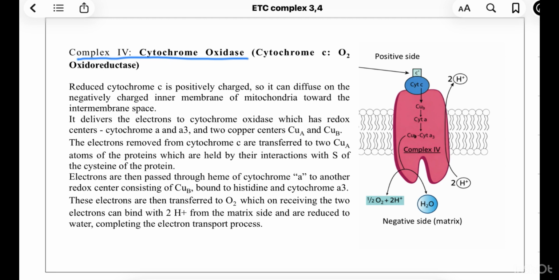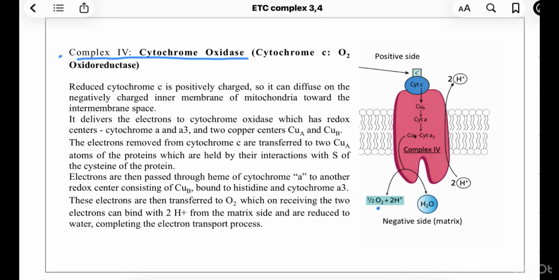But if we talk about aerobic respiration, we have so far not learned where actually the oxygen is involved. Though aerobic respiration has to have the consumption of oxygen. It is this complex 4 that we will learn is involved in the entry of oxygen, and we will do its functions here.